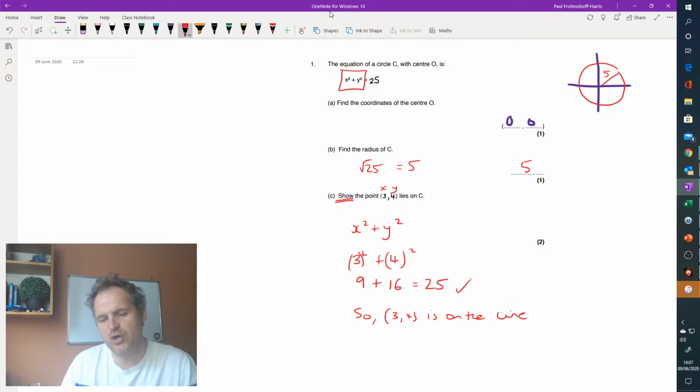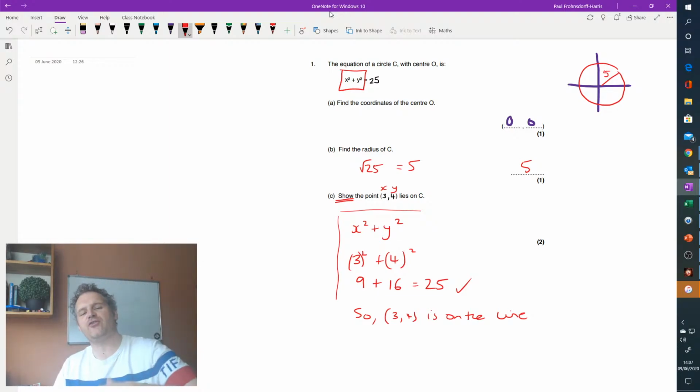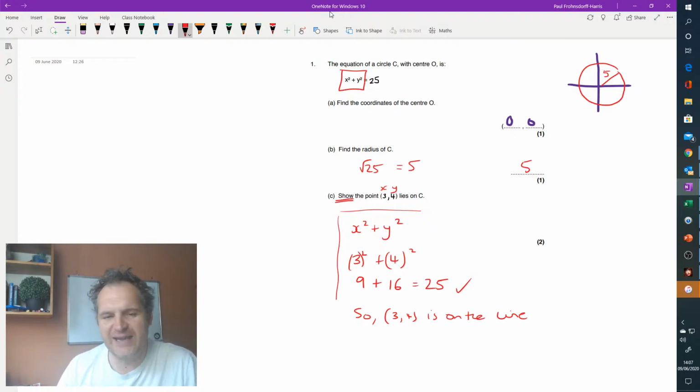Always finish a show that question with a sentence of what you have shown. This is what I want to be shown. This is my working of showing it. This is this, so therefore this is this, this is this, so therefore 3, 4 is on the line. It's just the standard of explaining. This is what this shows. Don't let any wording from the question be part of your answer.